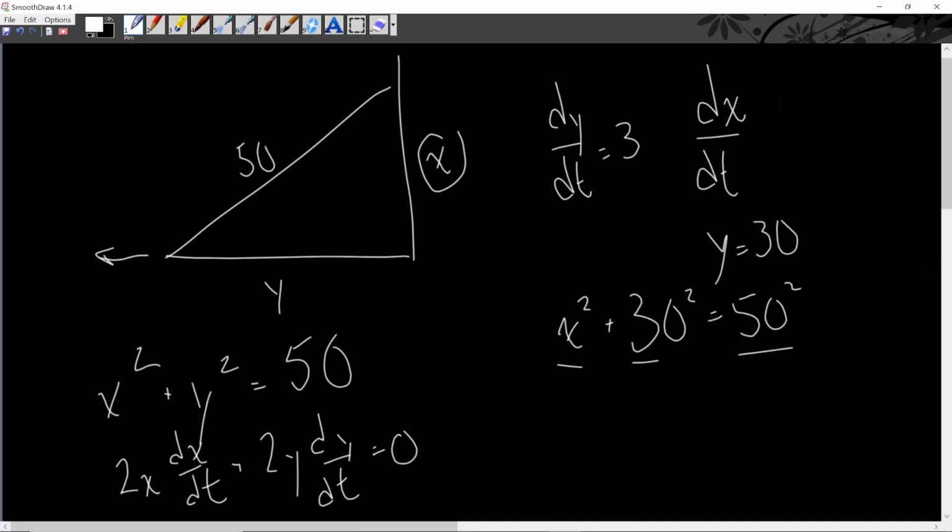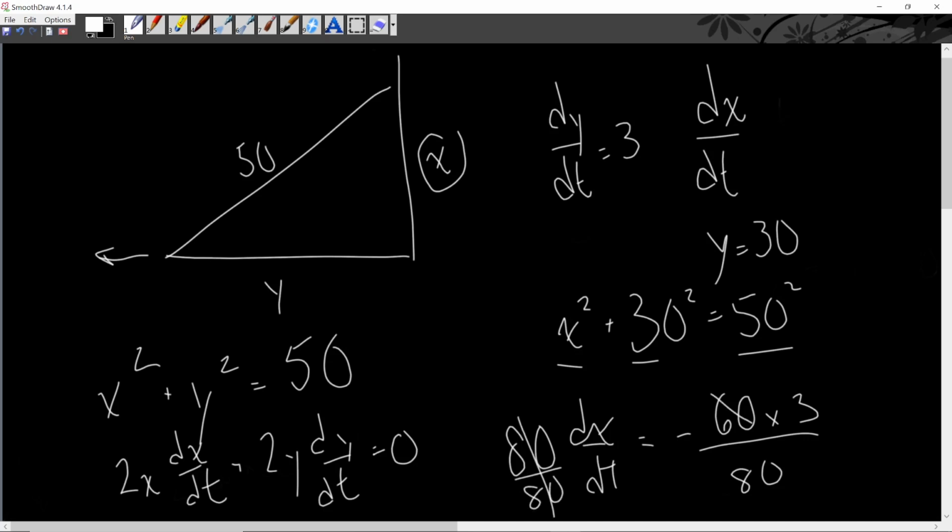So we'll have 2 times x, which was 40, so we have 80 dx/dt equals negative 2 times y, so negative 2 times 30, which is negative 60, times dy/dt, which we just said was 3, and then we're dividing both sides by 80.